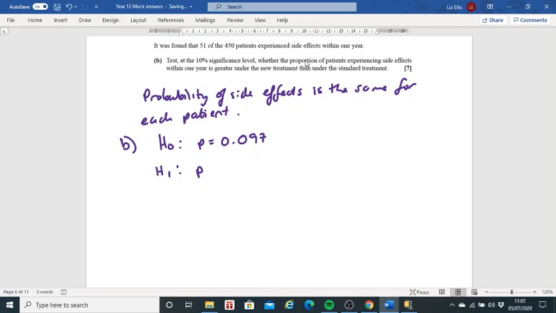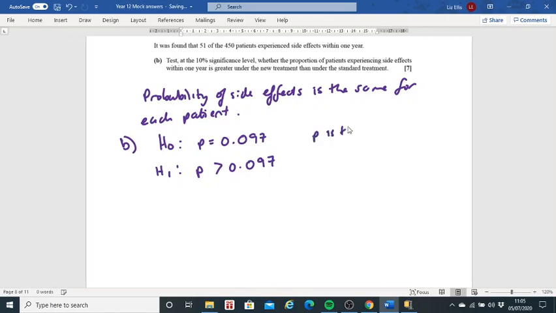So the proportion of the patients experiencing side effects within 1 year is greater. Greater. So that gives us a hint. We were looking at 0.097. Now that wouldn't score you 2 marks yet. You needed to say what P was.